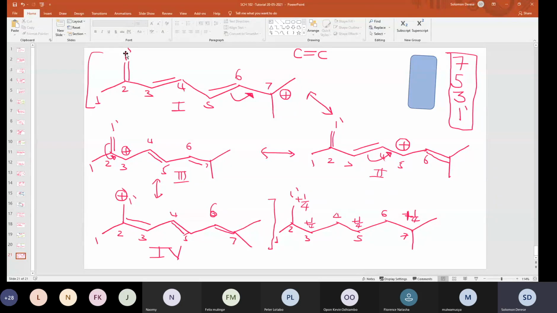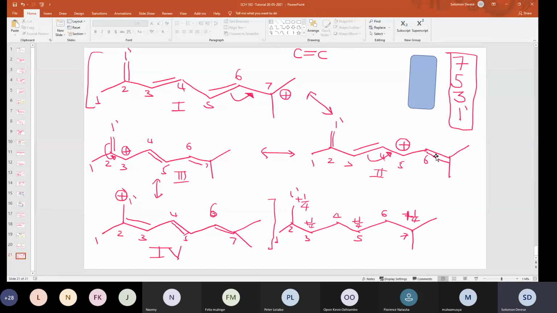2 prime and 1 prime, isn't it? Between 3 and 4, between 5 and 6 in this one. If I come to resonance number 2, I don't have a double bond between 5 and 6, and instead have a double bond between 6 and 7.